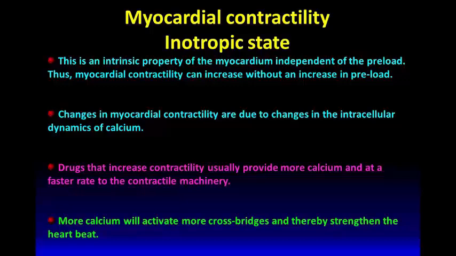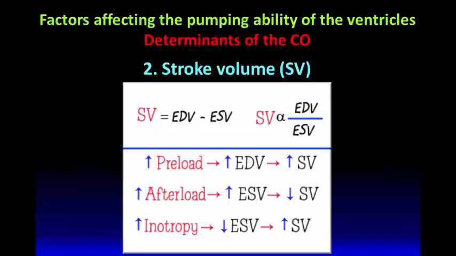The more calcium is available to the contractile machinery of the myocytes, the more calcium will activate more cross bridges and thereby strengthen the heartbeat. On the other hand, drugs which block the L-type calcium channels, the dihydropyridine receptors, have negative effects on contractility, have negative inotropic effects.